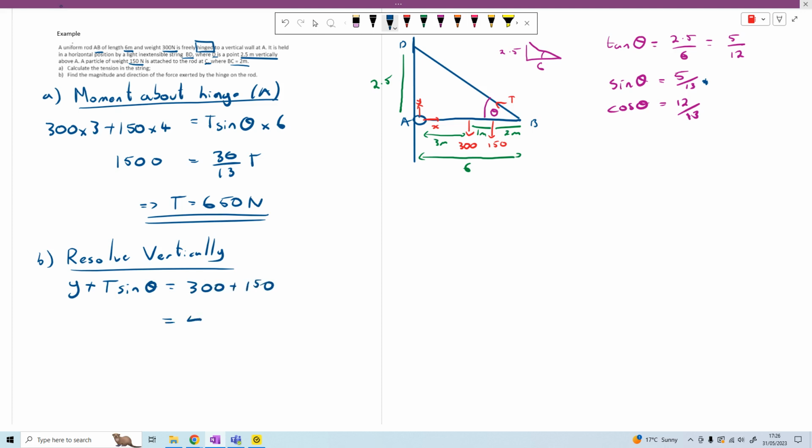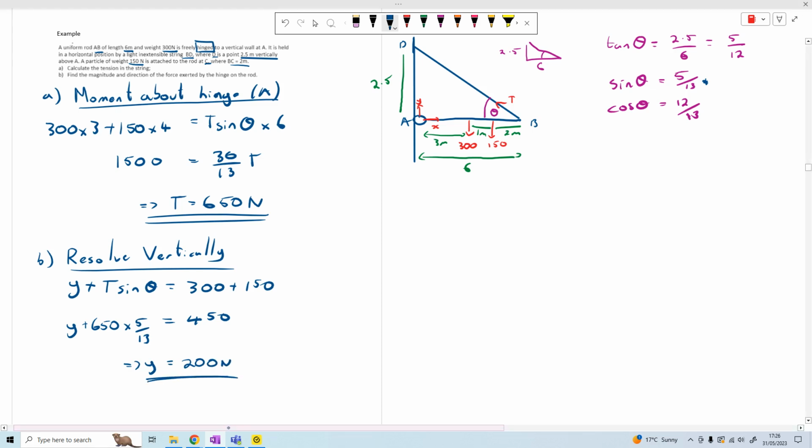Okay, so this gives me 450 on this side. I know what tension is, it's 650. So I end up with 650 times sine, which is 5 over 13. Now if I solve that for Y, Y comes out as 200 newtons. Okay, there's my Y component.